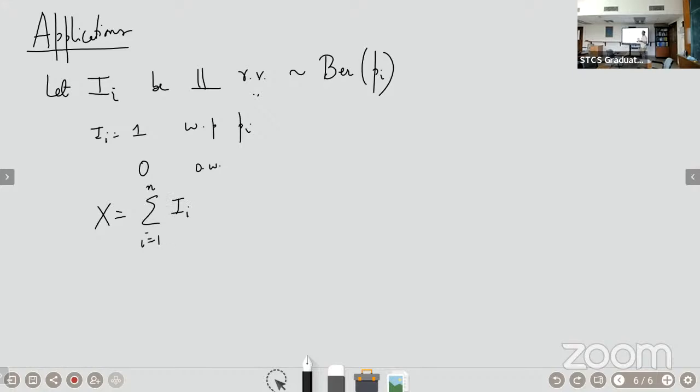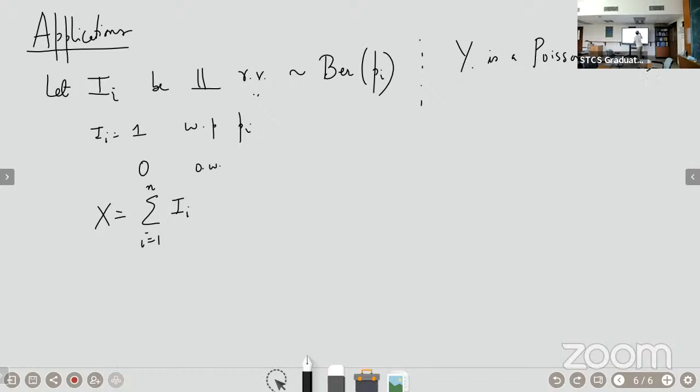A well-defined random variable, nothing but binomial. So X is nothing but binomial. On the other side, let's say Y is a Poisson with parameter lambda.